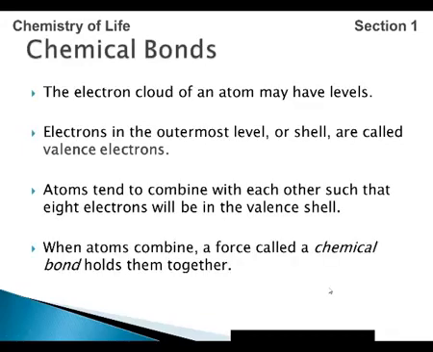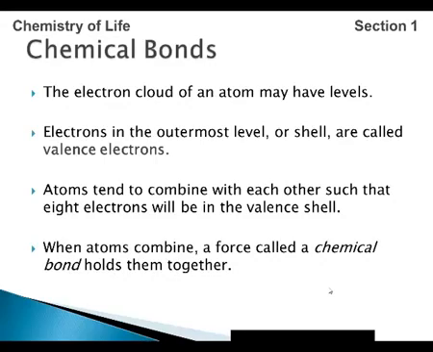Chemical bonds. An electron cloud of an atom may have different energy levels. Further in this unit, we'll go over what many of those different energy levels are. Electrons in the outermost level are called valence electrons. And typically atoms want to combine with other atoms so that that valence shell ends up with 8 electrons in it.